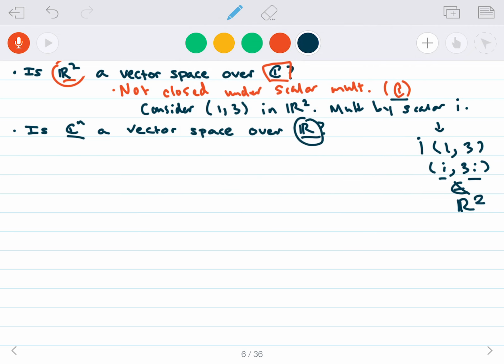You'd have to verify all of the axioms if you wanted to, like commutativity and all the other stuff. I'm not going to do that here, but you can do that as an exercise: verify commutativity, associativity, all of that. So yes, Cn is a vector space over the reals.